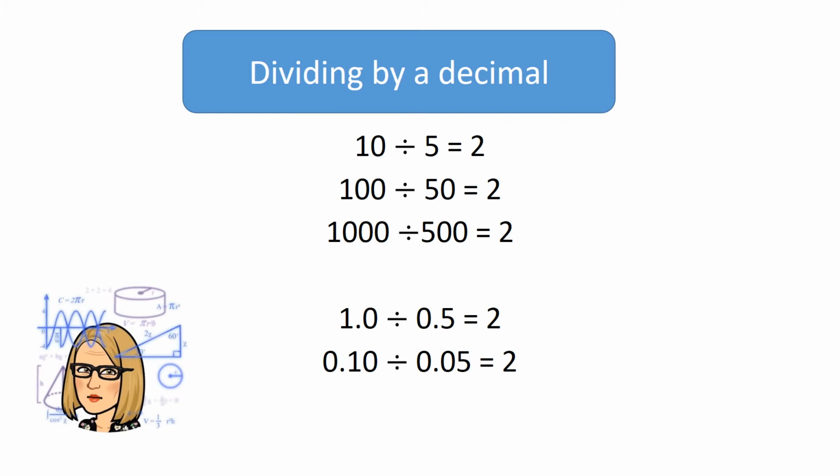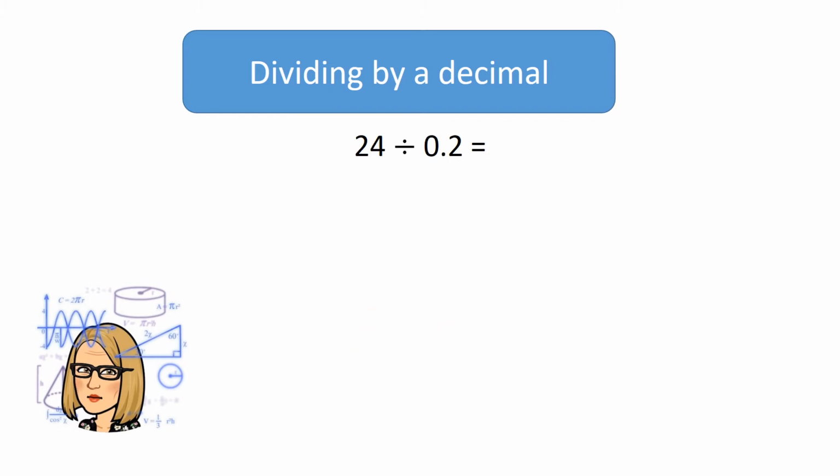Let me show you. So I've got here 24 divided by 0.2. Well, to make my division easier, I want to turn 0.2 into a whole number, and I can do that by multiplying it by 10. 0.2 multiplied by 10 becomes 2. If I'm multiplying that part of the calculation by 10, I've also got to multiply the other number in the calculation by 10, otherwise it won't work.